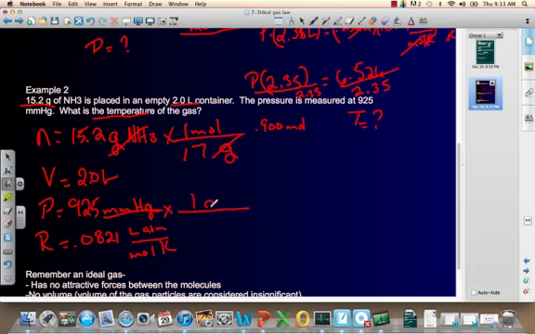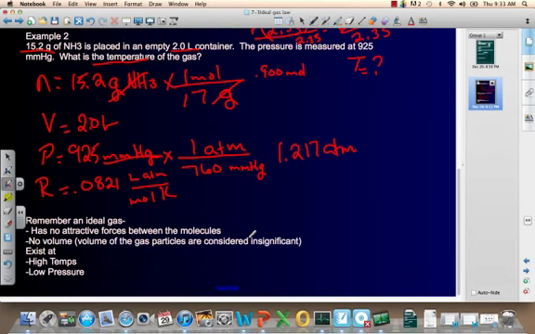So millimeters of mercury needs to be converted to atmospheres. 1 atmosphere is equal to 760 millimeters of mercury. So that's going to be 925 divided by 760, which is 1.217 atmospheres. Now I have all my information. I just need to plug and chug.